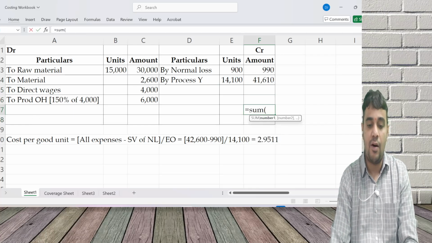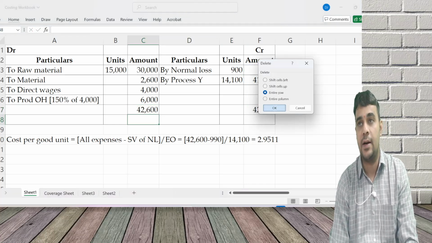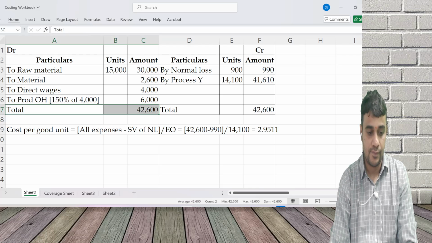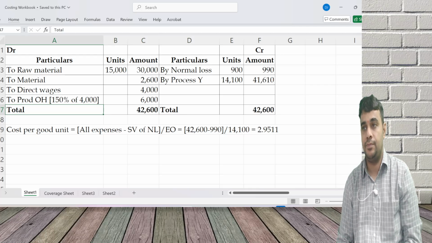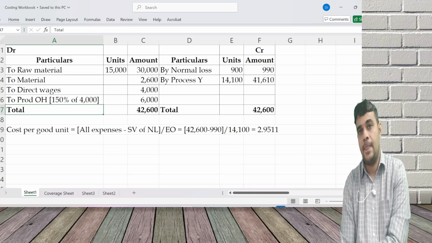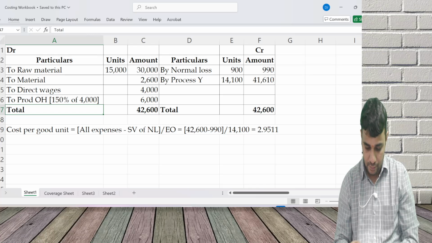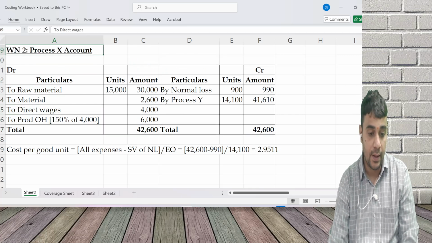As I said, cost per good unit doesn't serve any major purpose when there is no abnormal loss or abnormal gain. Any doubts on this? Clear? Can you proceed?